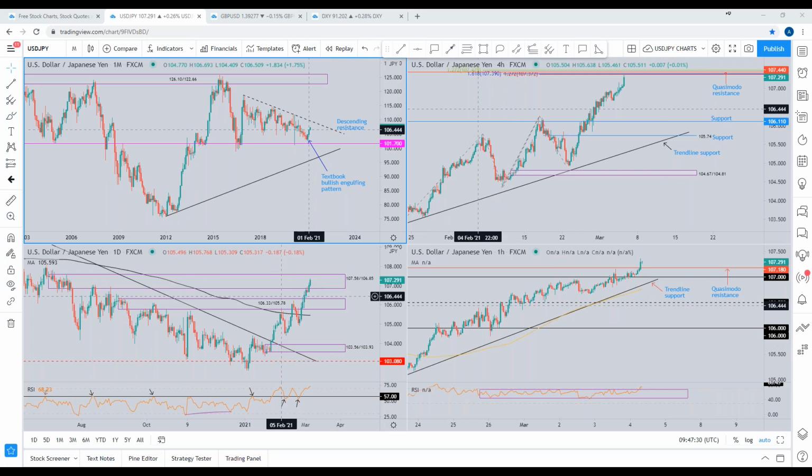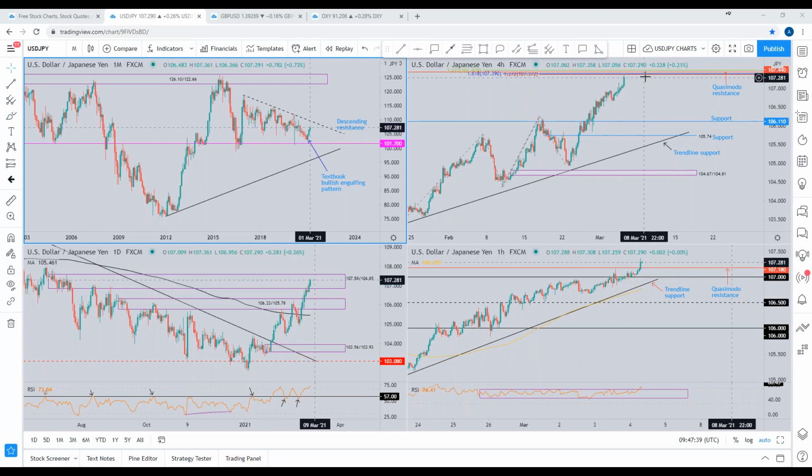Because we noted that this was a reasonably fragile area of supply and there was room to approach higher levels on the monthly scale. Now, as you can see, we're approaching Quasimodo resistance on the H4 scale. So there are likely longer-term buyers, short-term bullish scenarios forming here.